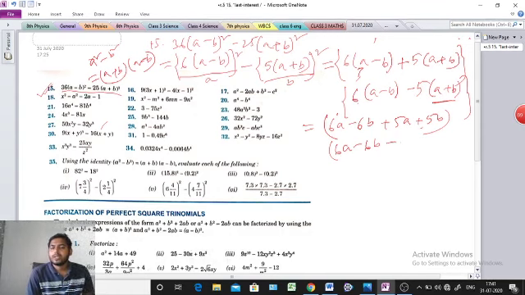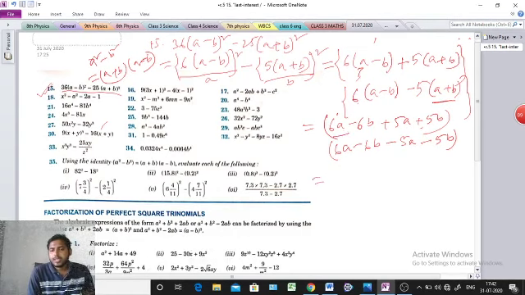So you will get minus 5a, because minus 5 into a is minus 5a. And then minus 5 into b is minus 5b. Clear or not? Because plus sign is there inside, so plus and minus gives minus. Inside all signs are positive, so after multiplying we are getting negative sign because plus into minus is minus. Understood?